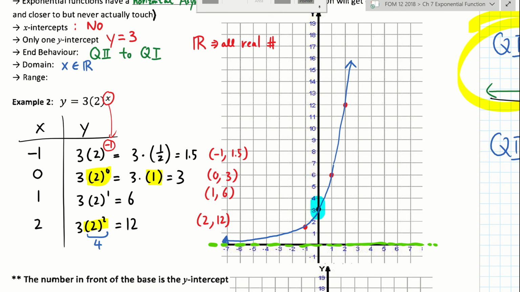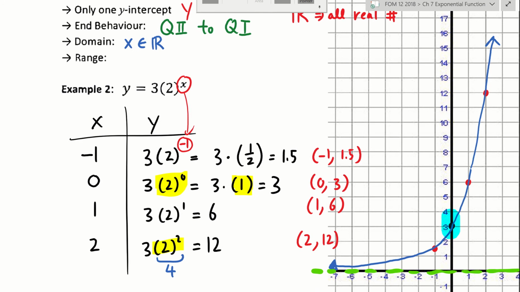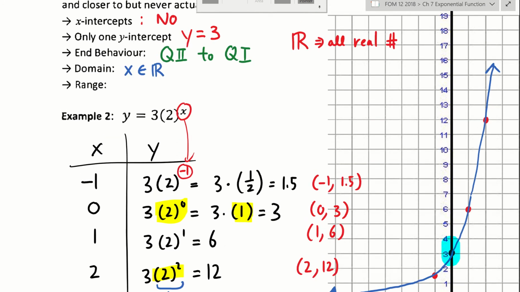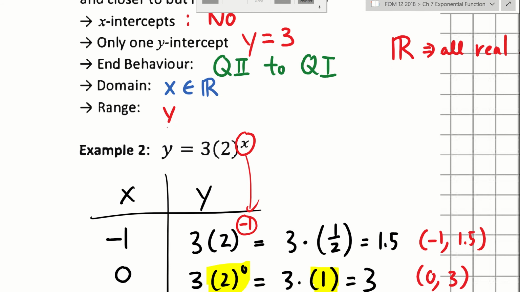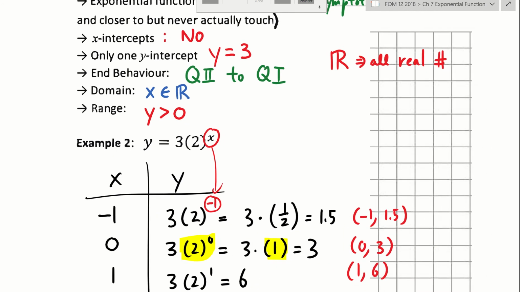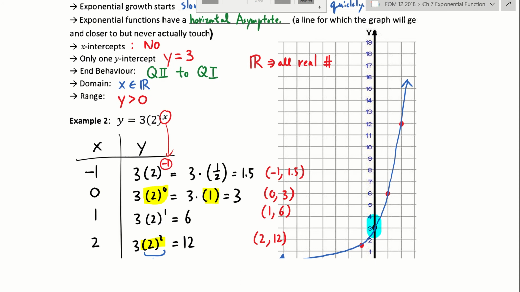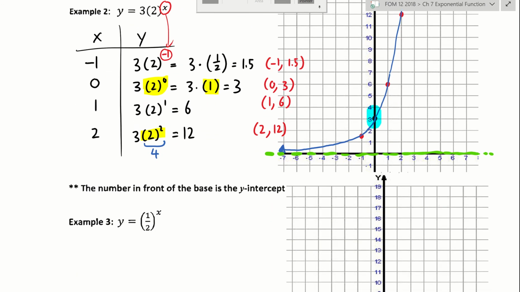So all we can say is that no matter what x value we put in from the domain, the y value on this function can never be smaller than 0. So we say y is bigger than 0. So y is bigger than 0 is going to be our range. Okay, so that deals with this.